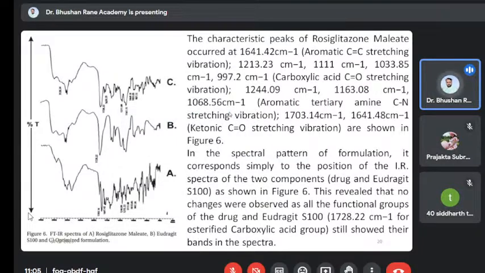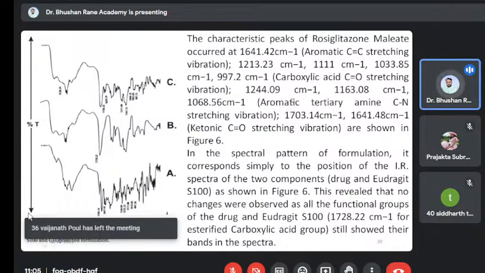Next, this is my own PhD work in which the drug is not interacted with the excipients used. So here, A is the peak for rosiglitazone maleate, B is for the Eudragit S100, and C is the optimized formulation. Here, hollow macro cavity formulations are prepared.